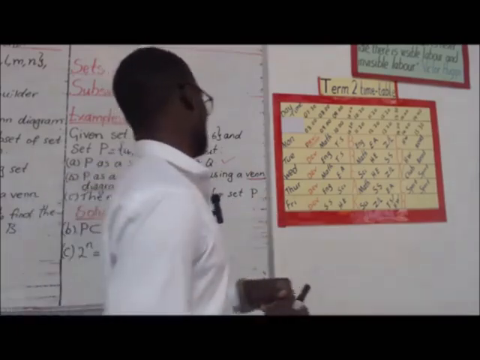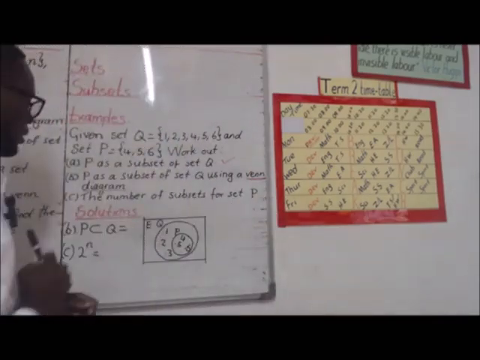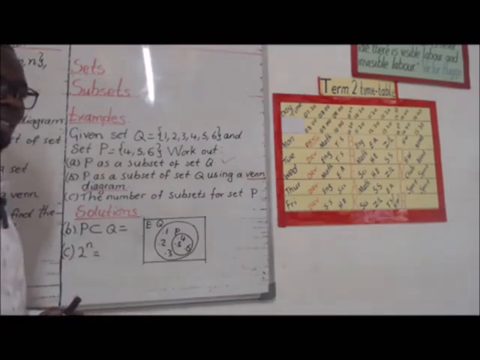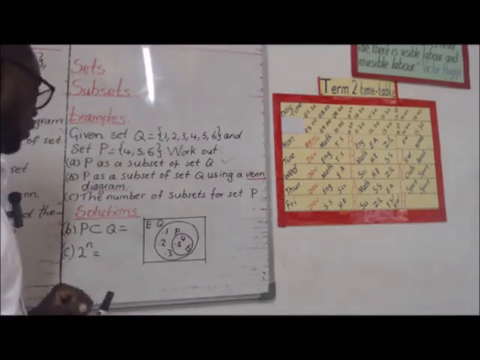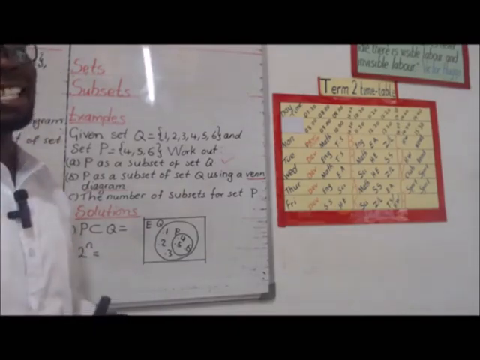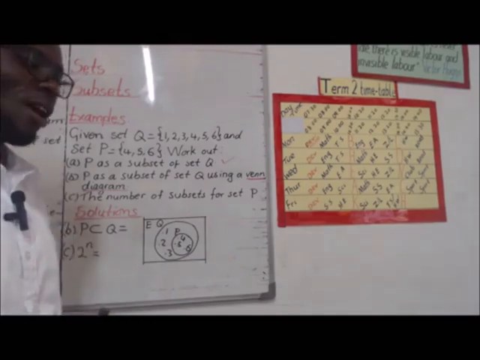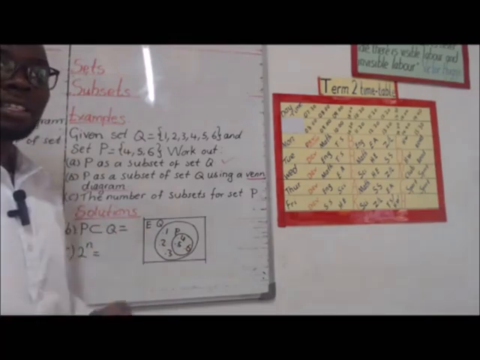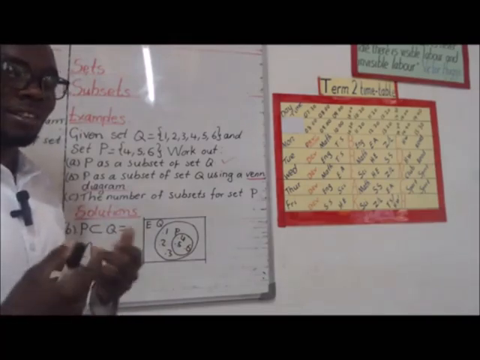We use the simple formula 2 to the power n. Someone is wondering, what is n? Well, n simply stands for the number of elements in the given set.